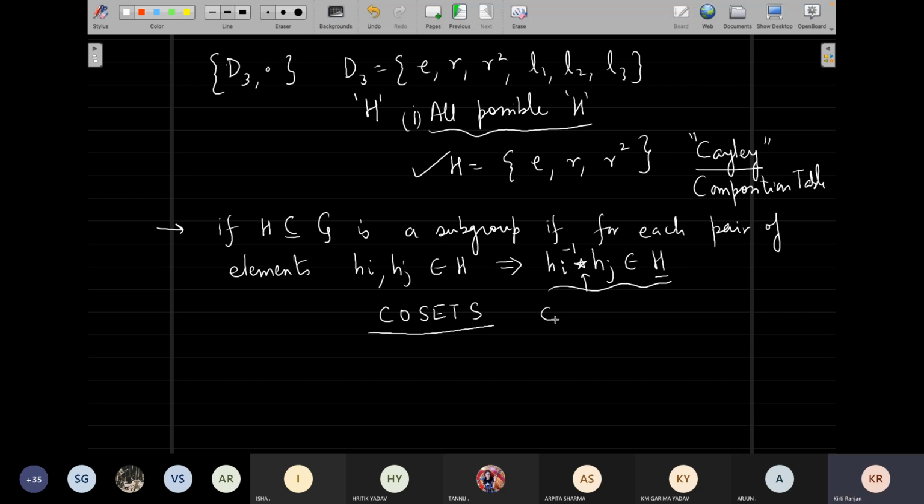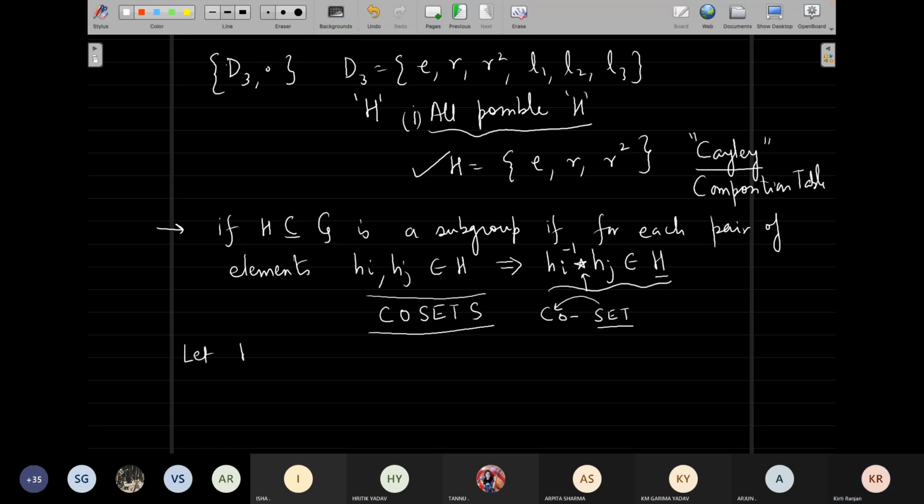Now, cosets, you can just read it as co-set, which means I am talking about a set and some co-something of this set. So coset, that's the name, and it will be clear as soon as I start discussing it. So what is this concept of coset?